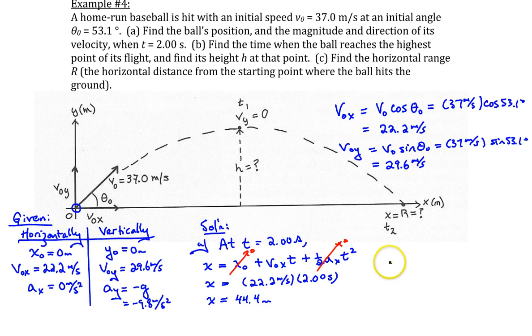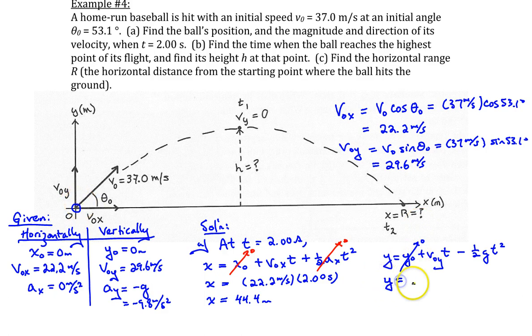So now let's solve for the vertical distance. y equals y0 plus v0y t minus 1/2 g t squared. I've already modified it because I know that the acceleration is negative g. Instead of putting plus 1/2 ay t squared, I just put in a negative g for ay. So now let's cancel out the vertical initial position because we're starting from the origin once again.